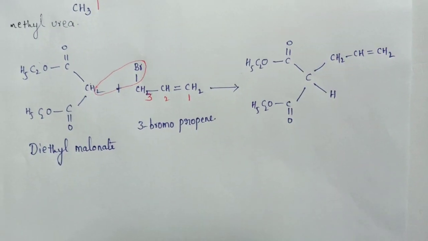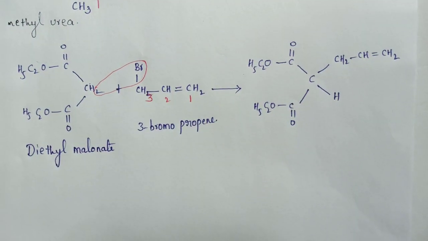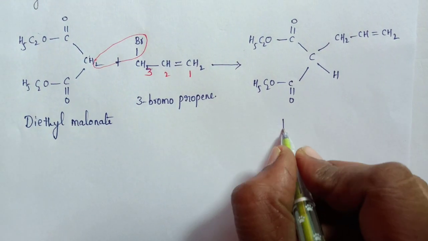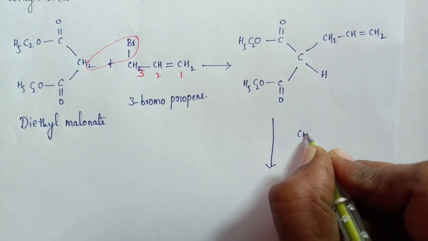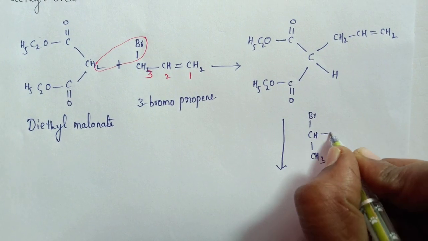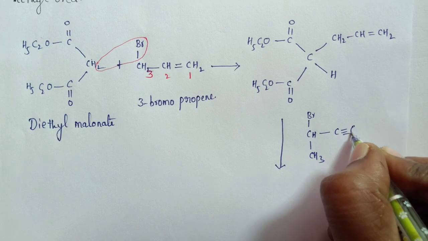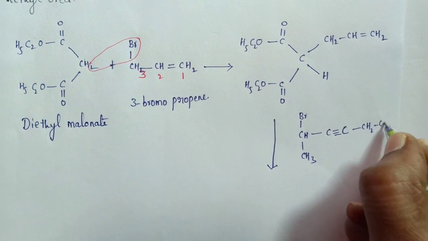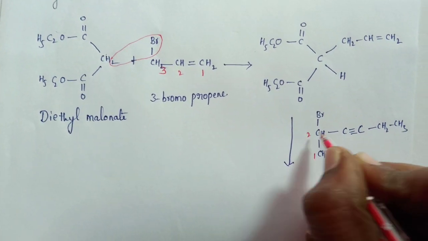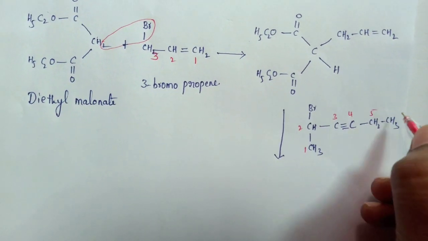OC2H5 we are getting. Again we have to replace this hydrogen atom with a hexane group, going for the attachment of hexane, CH Br CH3 CH2 CH3. How do we give the numbering for this one? 1, 2, 3, 4, 5, 6.